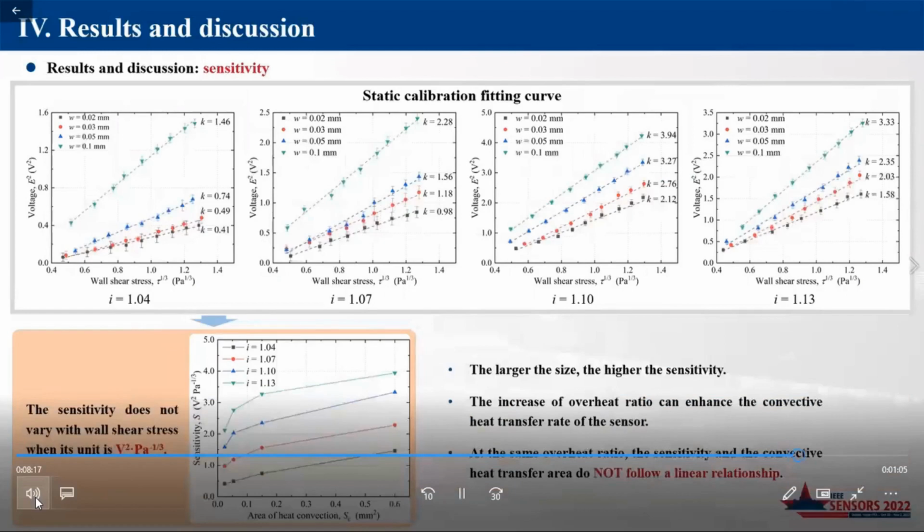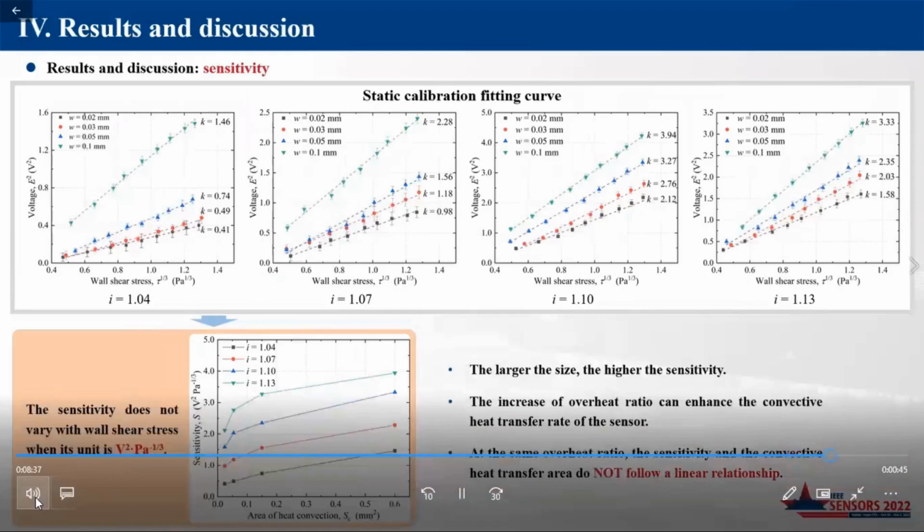The above four figures are the calibration curves of the sensors at different overheating ratios, whose slope is sensitivity. A larger thermistor can store more heat and respond with more voltage change as the flow field changes. Thus, the larger the size, the higher the sensitivity.